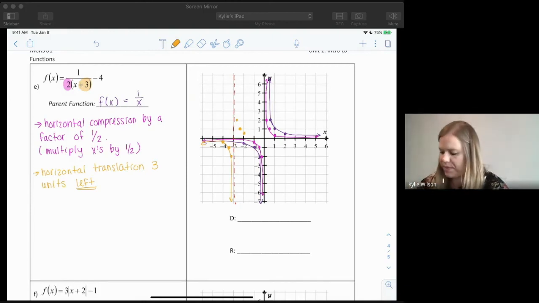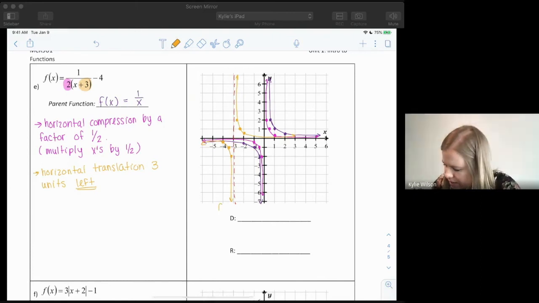There we go. So it's going to look like this. That one is f of x equals 1 over 2(x plus 3). Forgot to label the other one. f of x equals 1 over 2x.